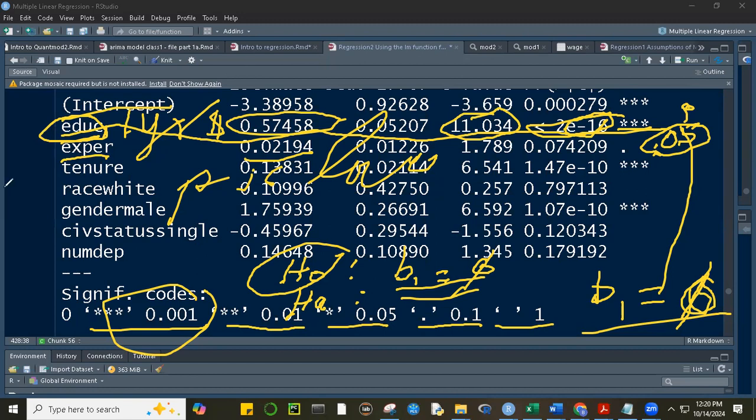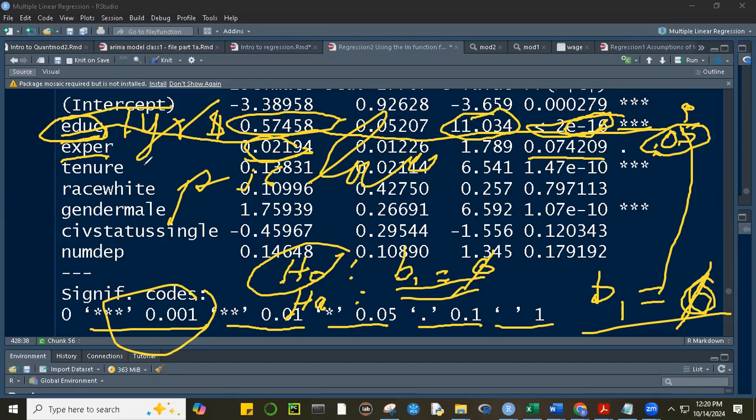The others, education, tenure, etc., you're not going to change them. We're only taking a look at what will happen to our hourly wage if we increase our experience by 1 year. However, class, before we can check that, we have to look at the p-value here.